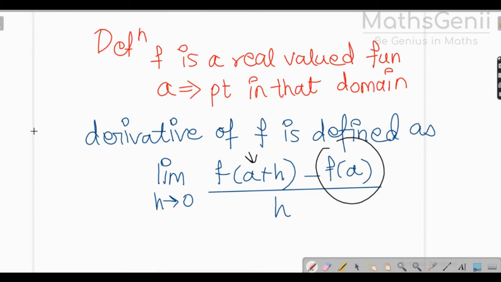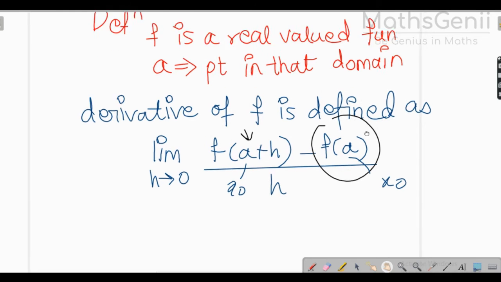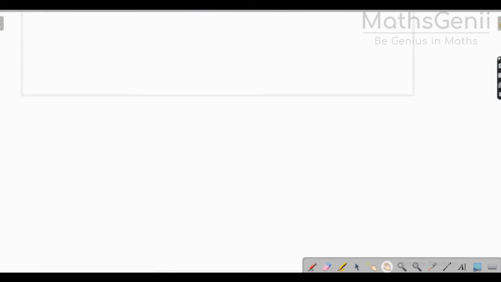Instead of x naught, I have a, but the definition remains the same. You can write x naught in place of this, no worries. Okay, f is a real valued function and a is a point that lies in its domain. Then the derivative is defined as the one which we have defined. Now, I will just not talk. Let's just solve questions so that you'll understand better.